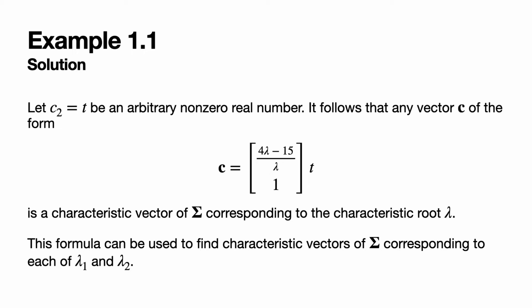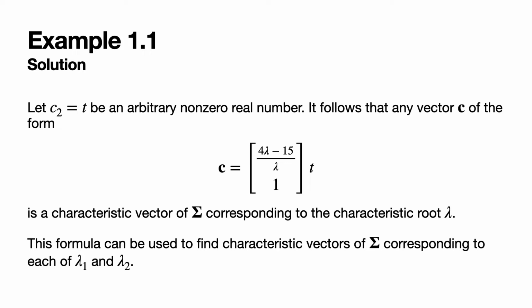Now let's let C2 be equal to t, where t is an arbitrary non-zero real number. It follows then that any vector c of the following form, where c is equal to the 2 by 1 vector shown here, 4 times lambda minus 15 all over lambda in the 1, 1 position, and then in the 2, 1 position we have 1, and then that 2 by 1 vector is multiplied by this arbitrary non-zero real number t.